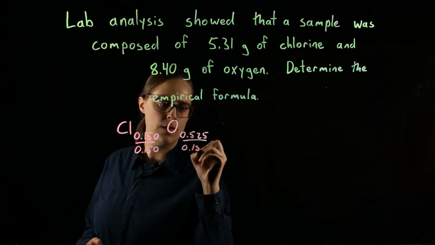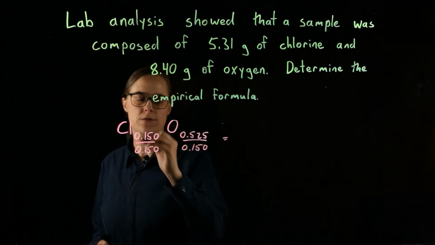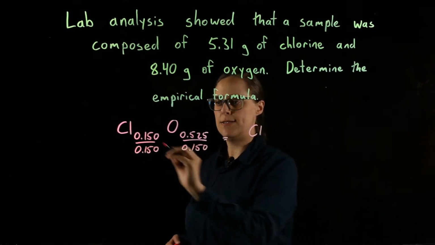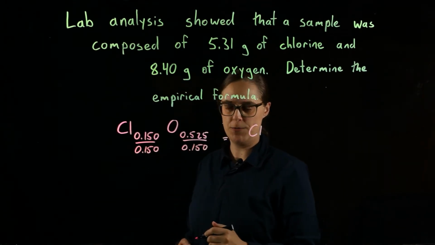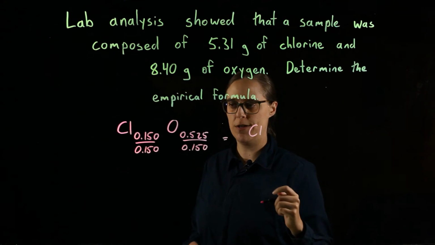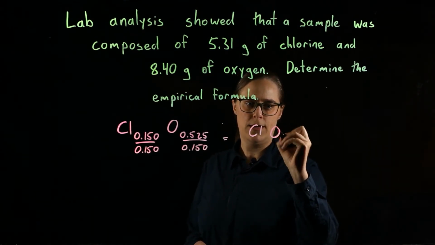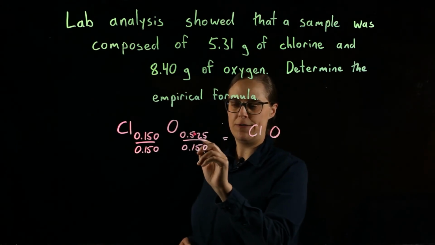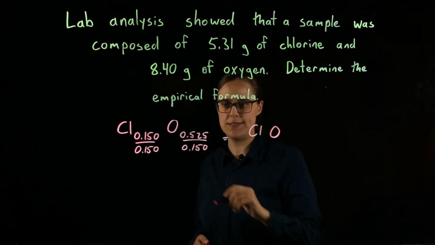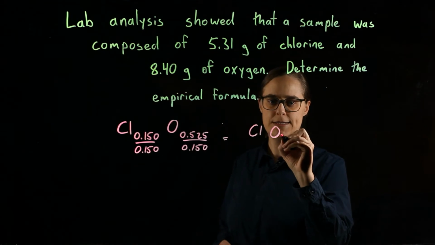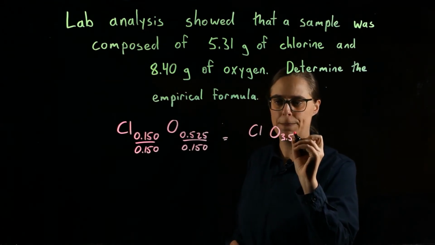So for chlorine, 0.150 divided by 0.150 is 1. We don't bother to write the 1 in either an empirical or molecular formula. For oxygen, 0.525 divided by 0.150, this is 3.5.